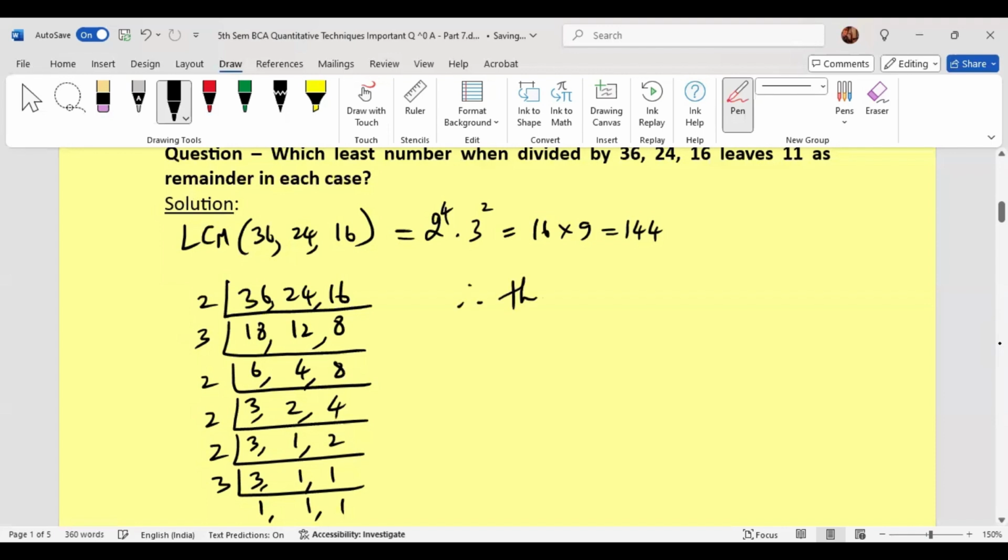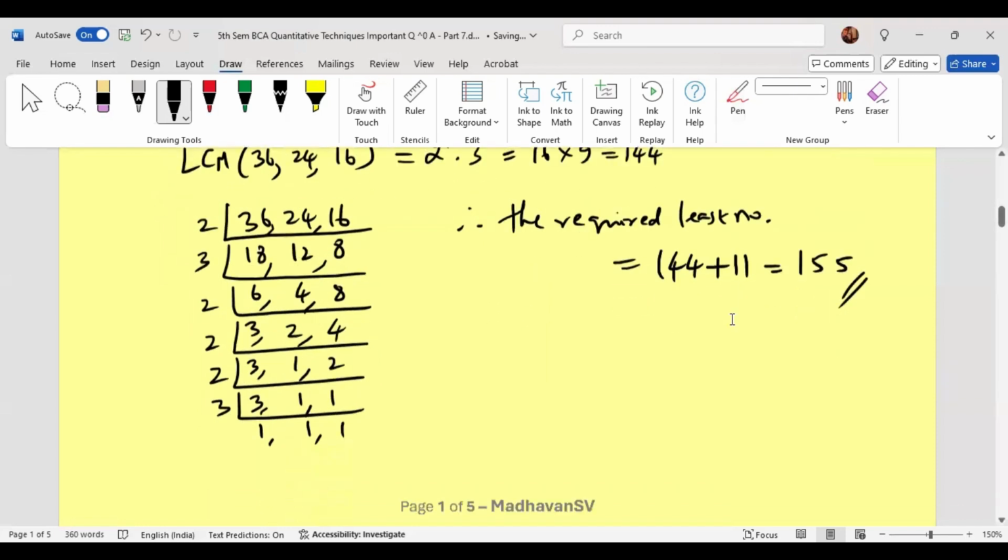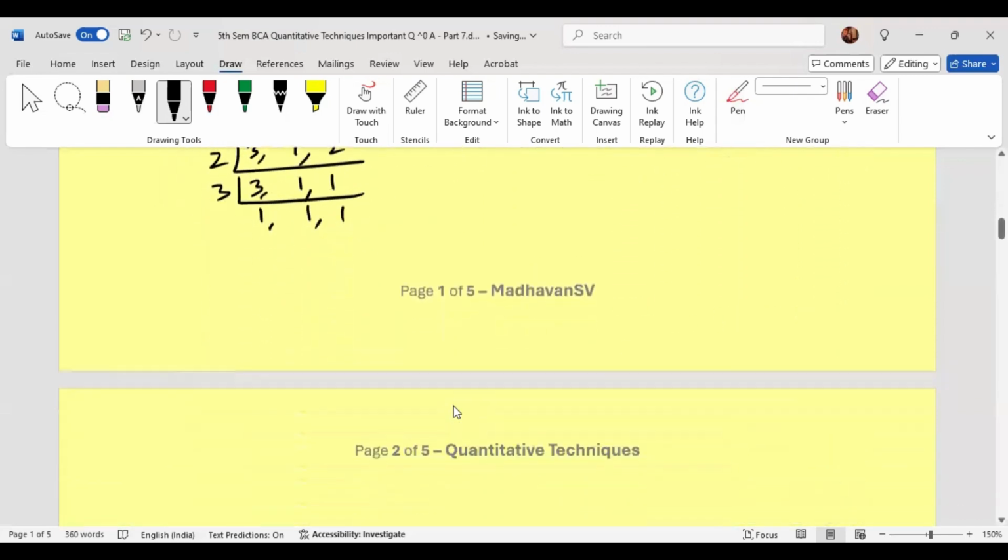Therefore, the required least number, when divided by these numbers leaves 11, means we have to add 11 to this LCM. We will get 155. So that is the required number. Let us move on to the next question.